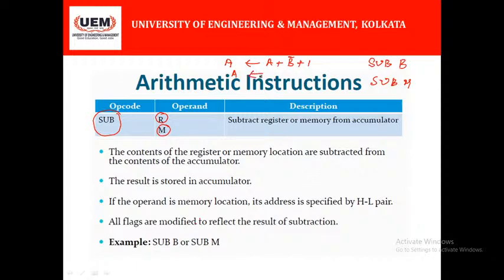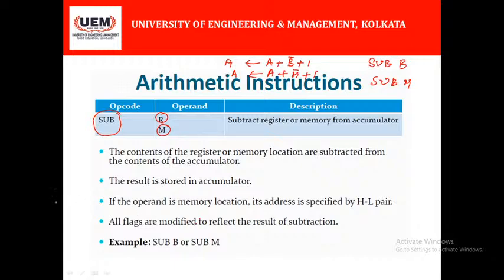Next, whenever we perform SUB M, the value of the accumulator and the complement of the M memory location plus 1 will be taken, and the result is stored in the accumulator register. So in this way it is operating.